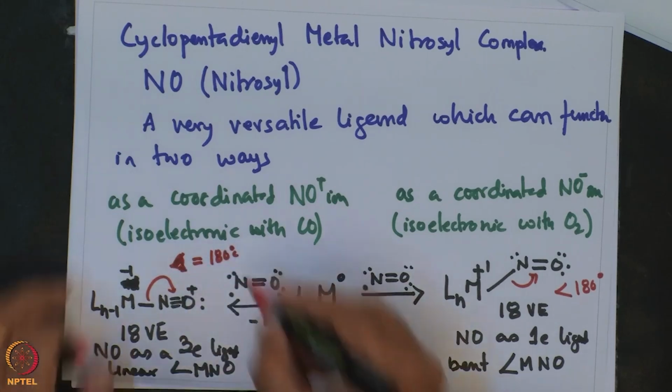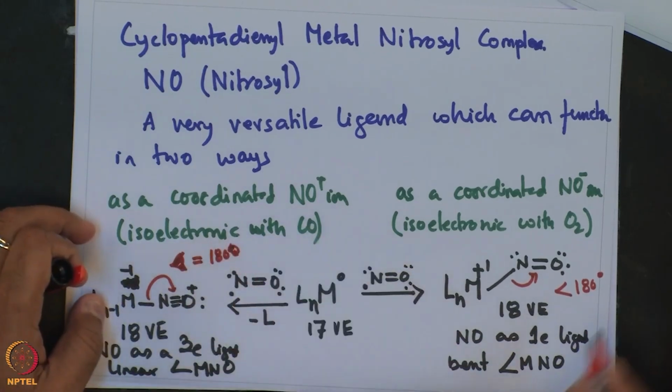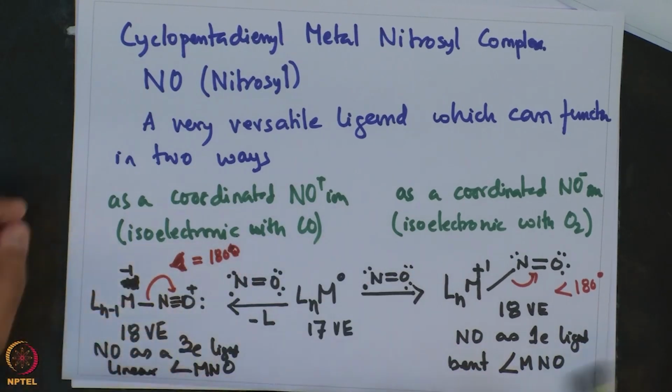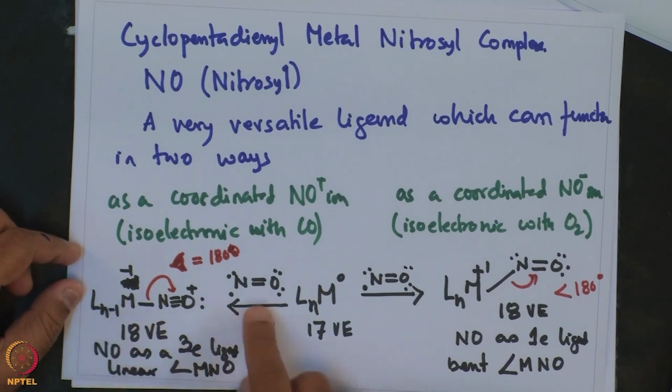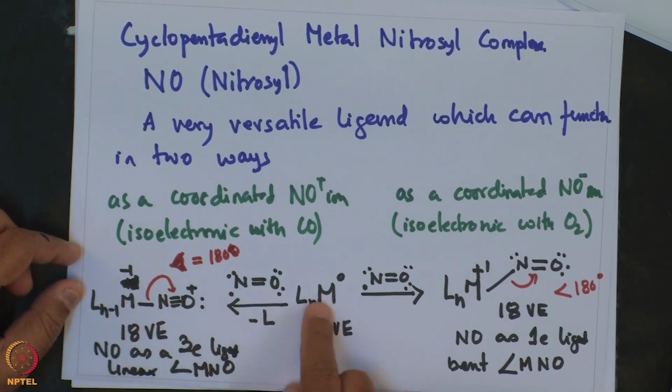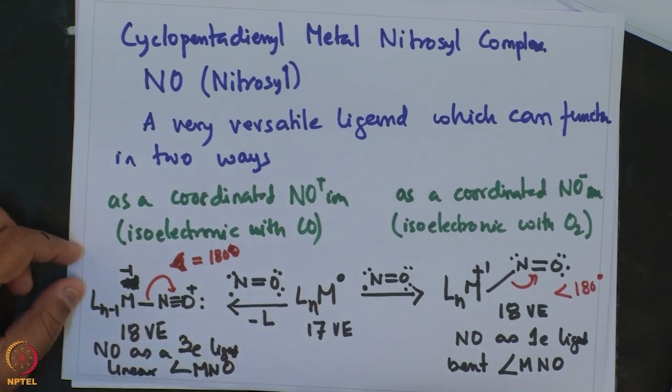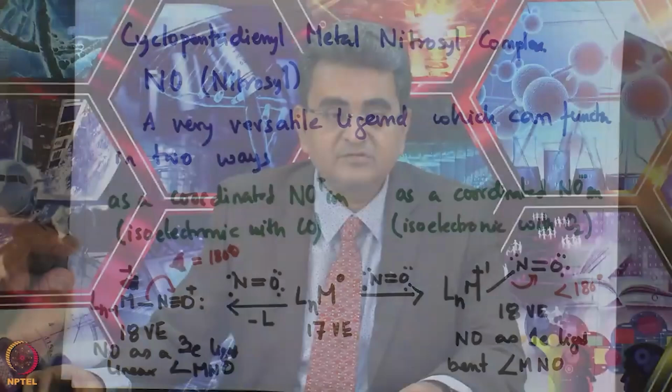So, this is the linear binding, and when it is a linear binding, it is a 3 electron donor. As a result, one of the dative ligand bound to the metal is lost, and that is replaced by the electrons from the NO. So, basically what it proves is the versatile nature of the NO, the way it can bind to the metal structure.